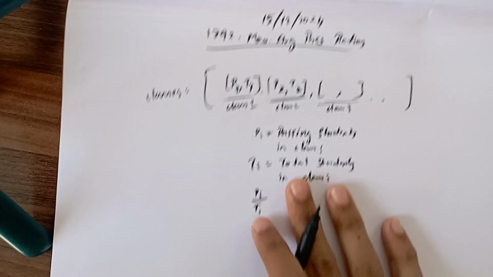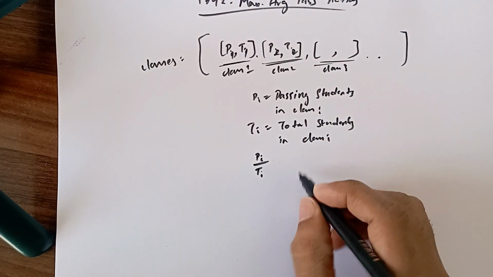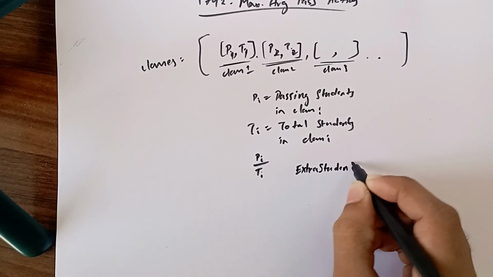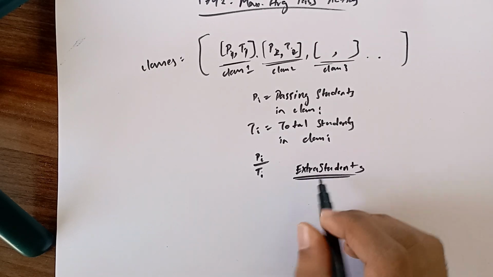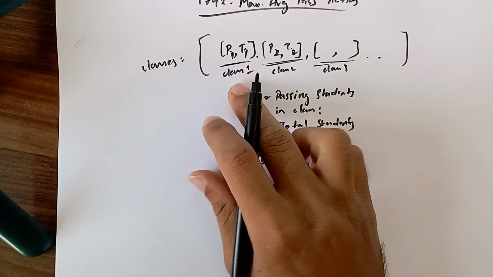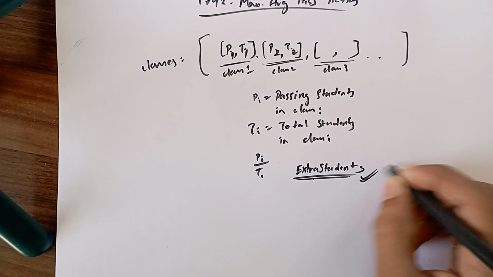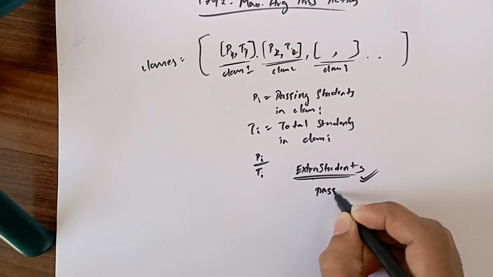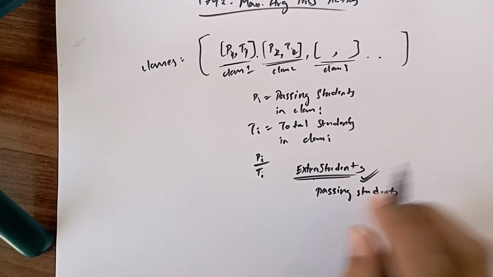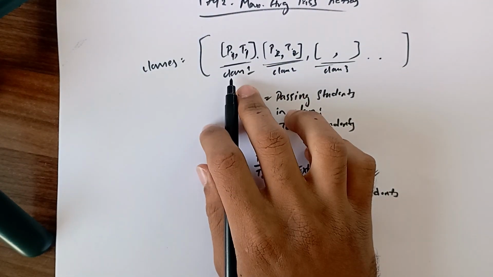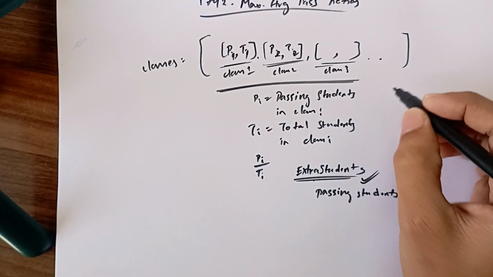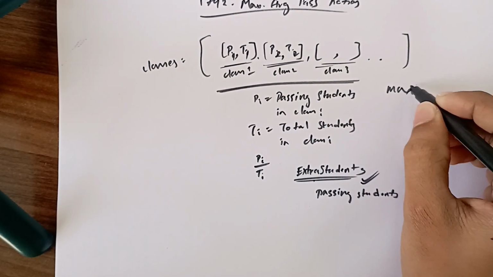Now we are also given extra students. We need to add these extra students to our classes, and these students are passing students. That means we need to add these passing students to classes such that our average pass ratio will be maximum.